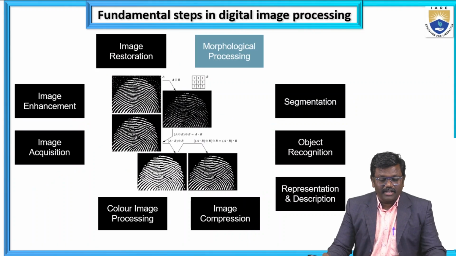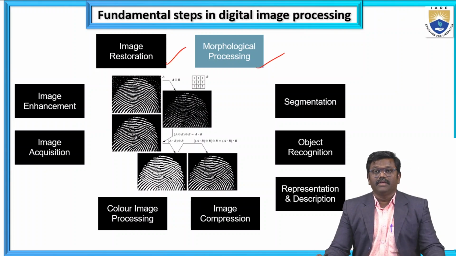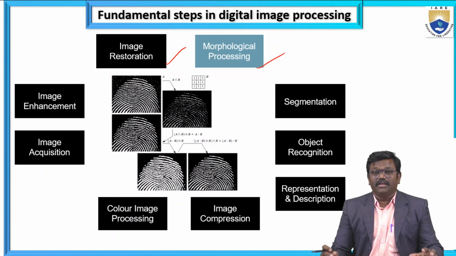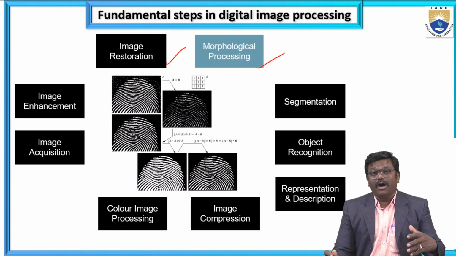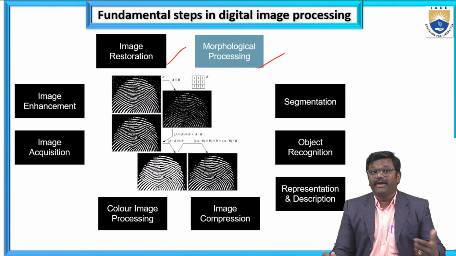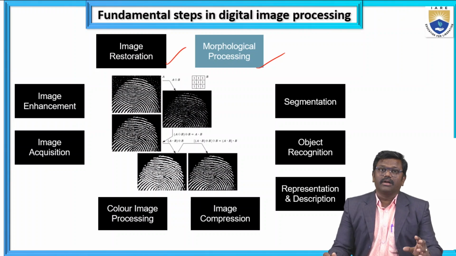For example, instead of image restoration, if I consider morphological image processing, morphological means a fit and hit process. When we compare an image, or bulk images, with one another, fit and hit processing happens to find out which image content is correct or not correct.